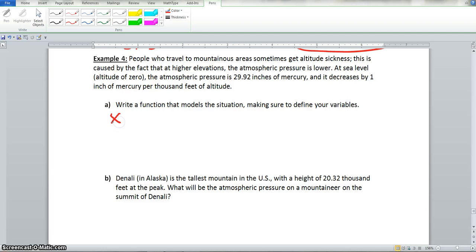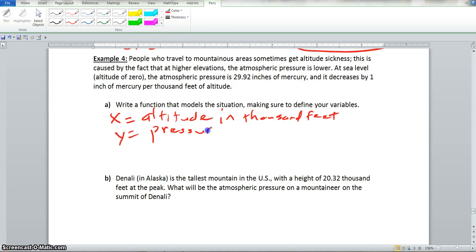So let's take a look here. We will have x is equal to the altitude in 1,000 feet. And then y is equal to the pressure in inches of mercury.